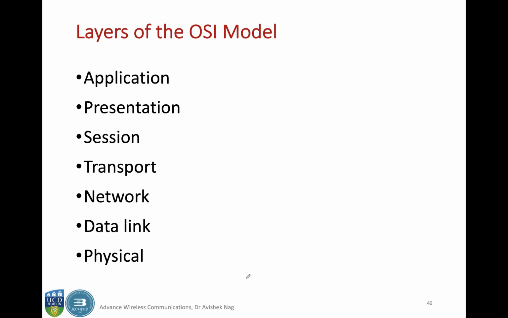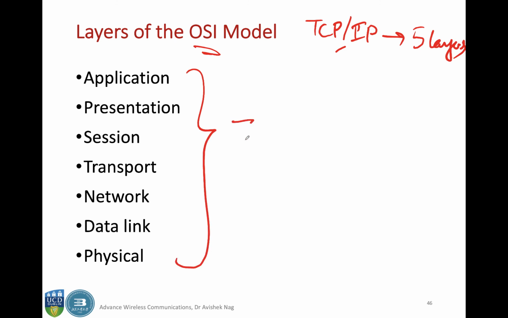Now there is also an alternative representation, which is called the OSI model or OSI layers. TCP/IP had 5 layers, and this OSI approach has 7 layers.